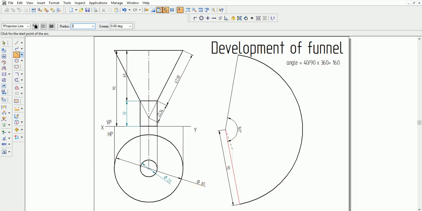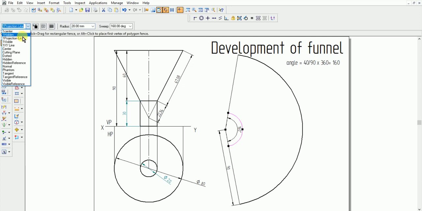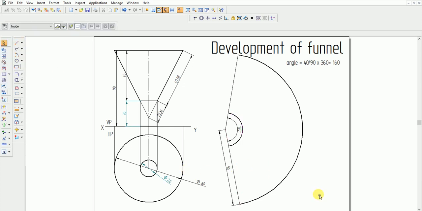From here, 20 mm is the radius from here till here. So this is the part which would be cut. Let me make it a visible line. Fine. So this is the region which would be cut in order to achieve the frustum of the cone.